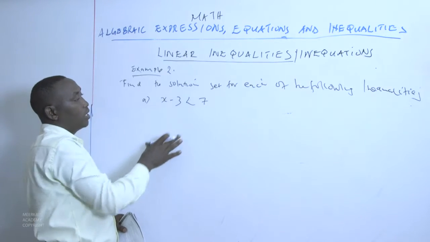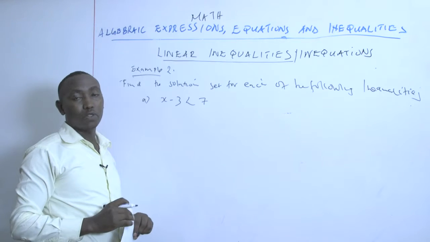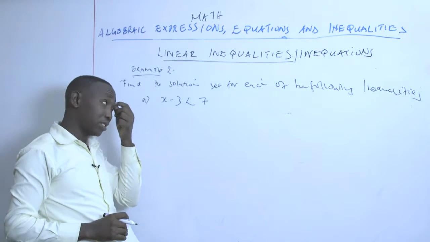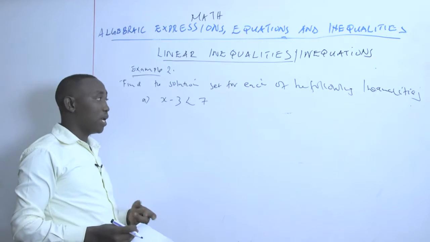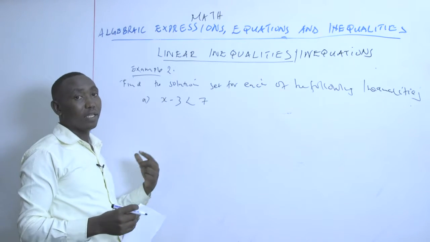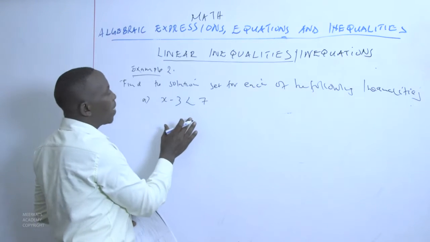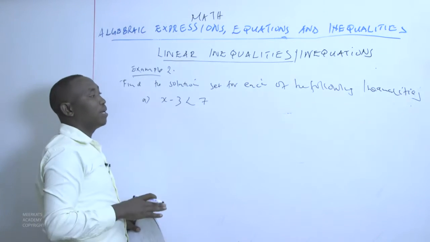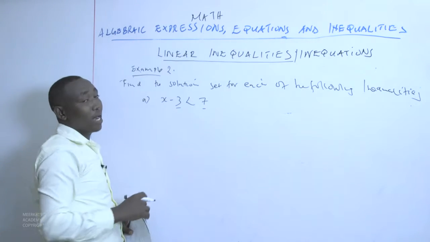Now in this particular case, we are going to apply the same rules that we used when solving linear equations. In solving linear inequalities, the same steps will apply. If we have brackets on either side, expand them first. Now, we need to group the like terms here, and you can see that 3 and 7 are like terms.